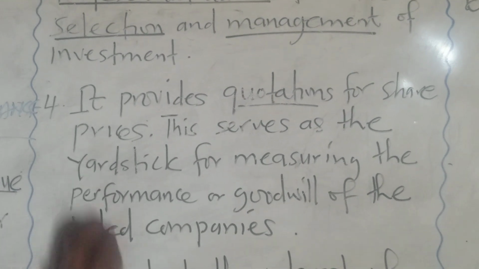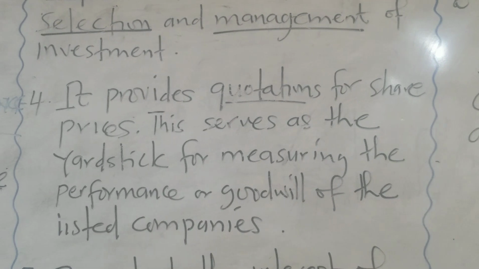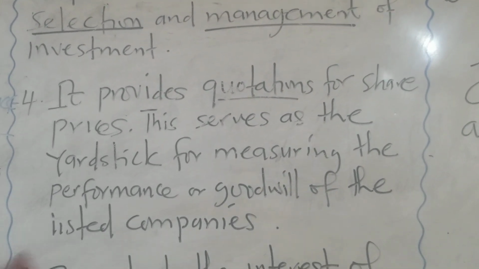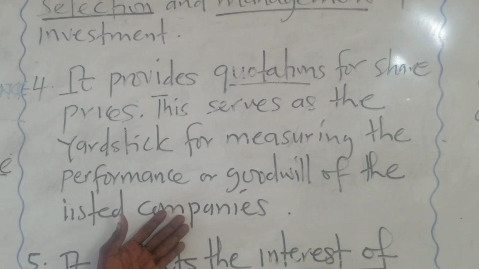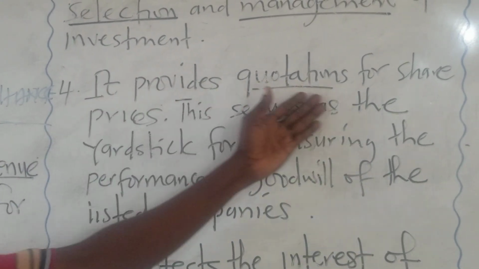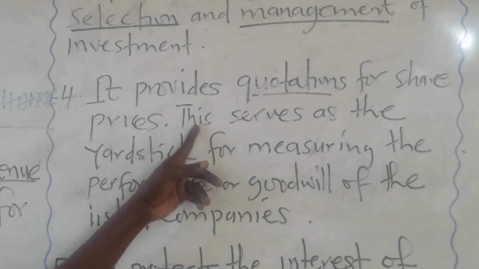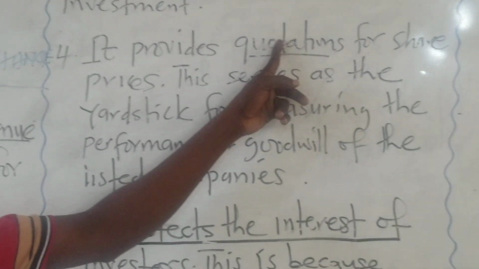So when prices are quoted, it will enable potential investors to know how well a company is doing, the goodwill of a company, or how the company is performing. So that's why we said that it provides quotation for share prices.